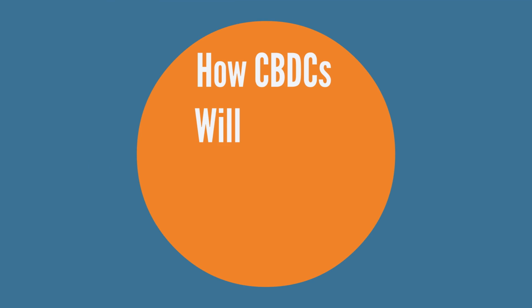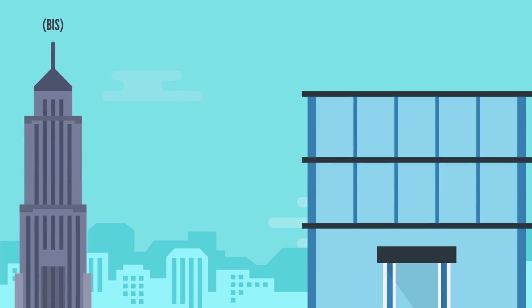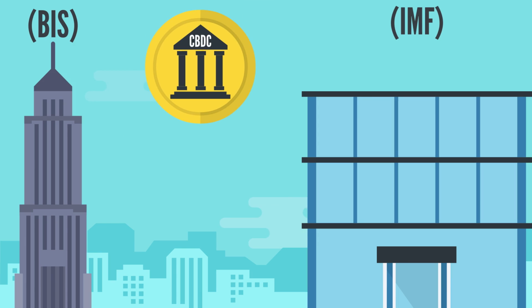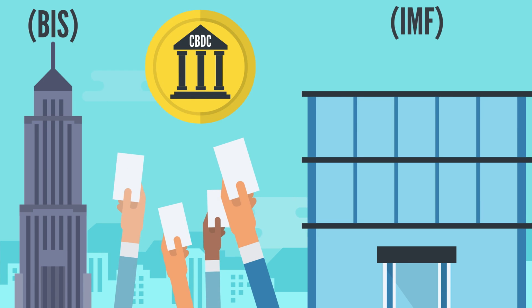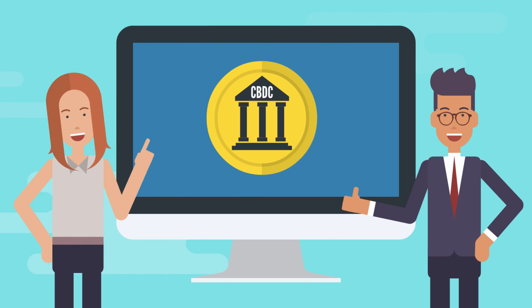How CBDCs will impact the banking industry. Leading international agencies like the BIS and the International Monetary Fund believe that CBDCs can improve financial services speed, accessibility, and cost-effectiveness. It has some advantages because it is a digital version of a country's legal tender.